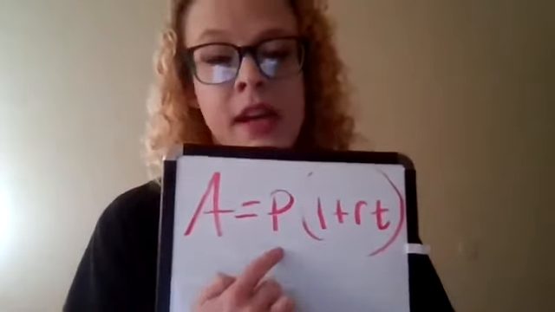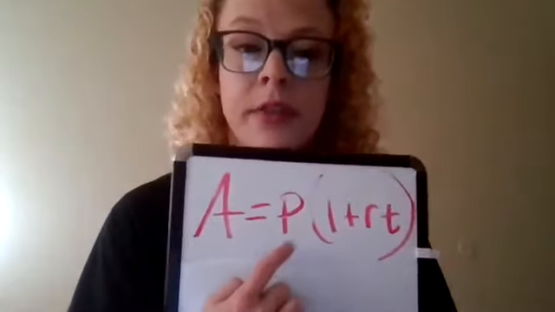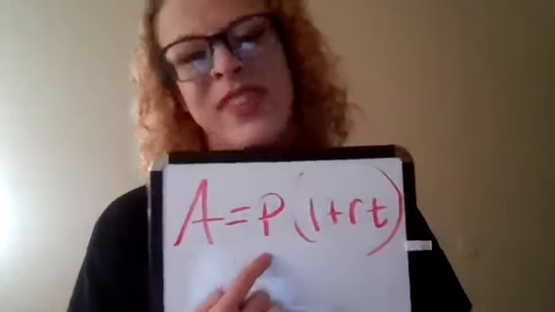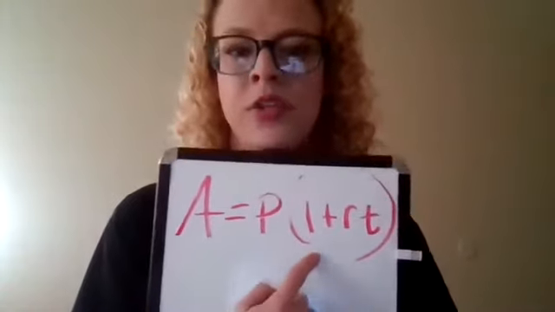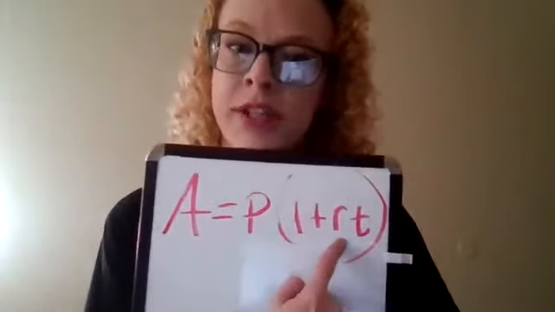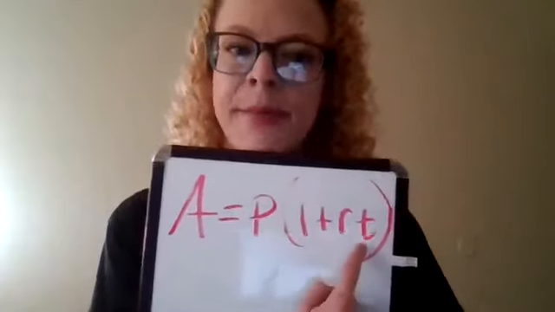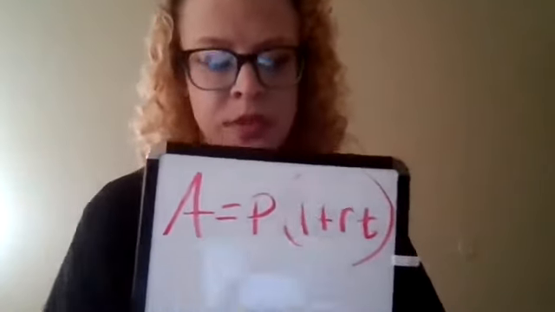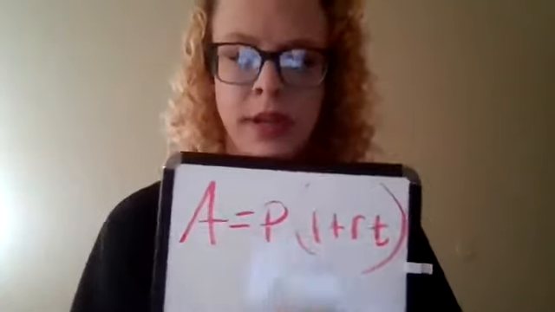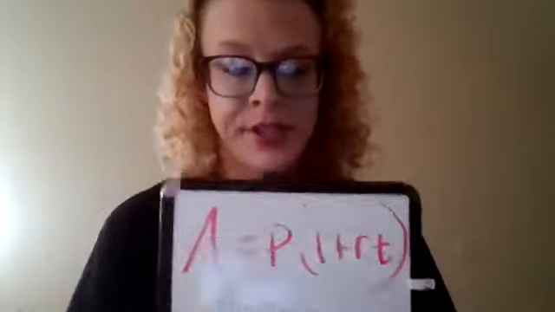And this is your initial payment or your principal. You're going to keep hearing that word. And then you do 1 plus the interest rate and the time in years. So this gives you the answer for your simple interest.